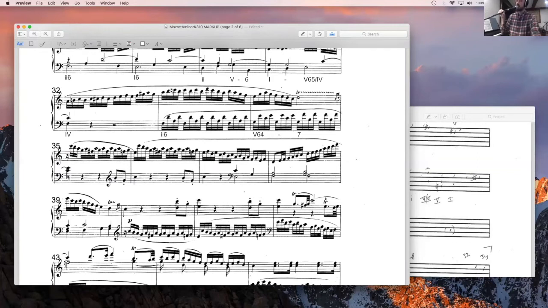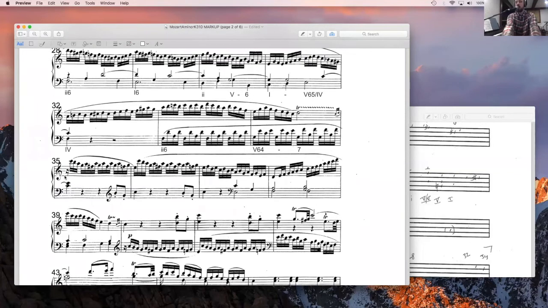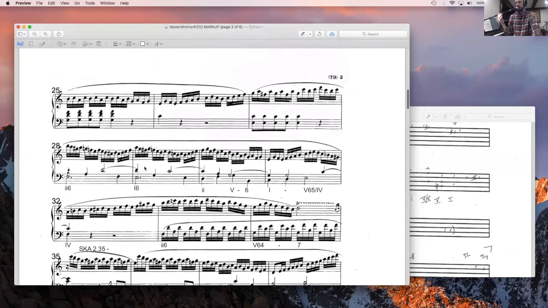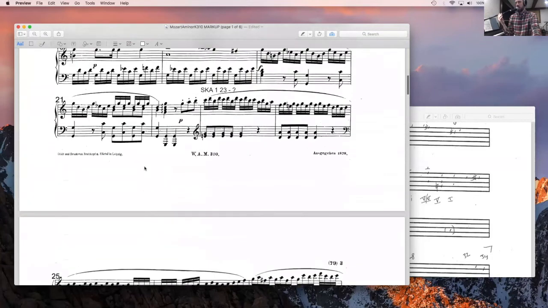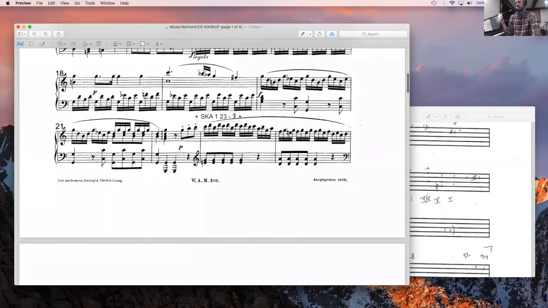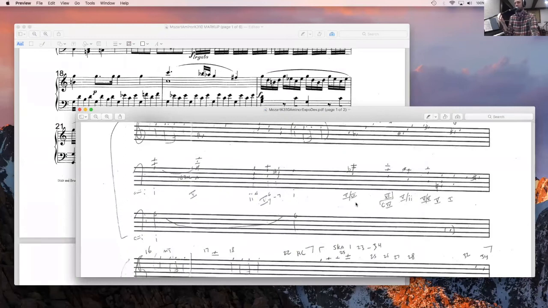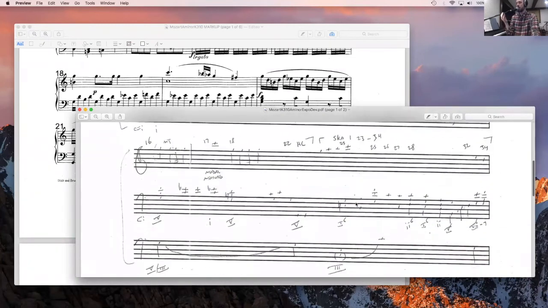That tells us that measure 35 is the beginning of ska 2. So measure 35 is the beginning of ska 2. I'm just going to put that right here. If I go back up here, that means measure 34 is the end of ska 1. So we had 23 to 34. And again, coming over here to the map, that's what we have been saying.